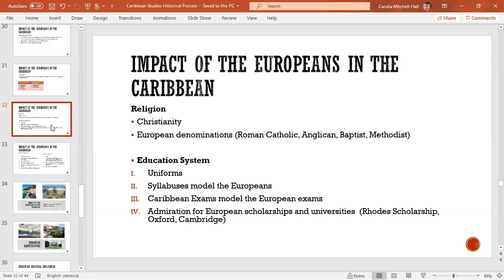So our religious system is very, very, very European. In most Caribbean countries, the European religion is considered to be the state church. For example, in Jamaica, I don't know if we really have a state church anymore, but back then it would have been the Anglican.